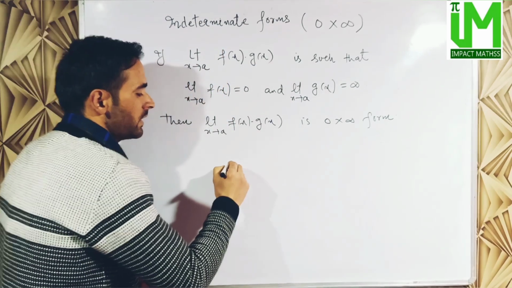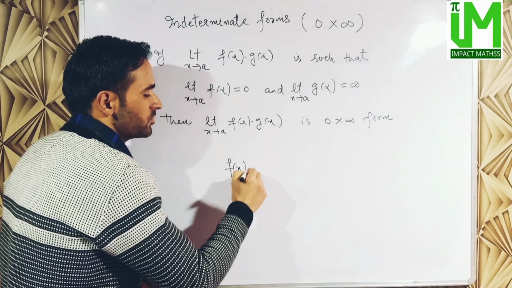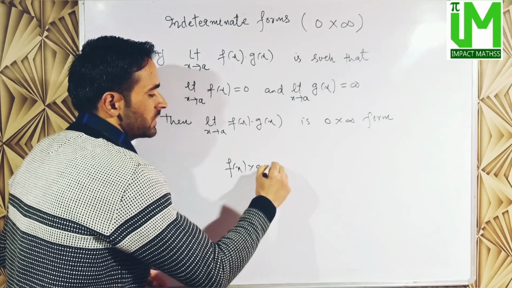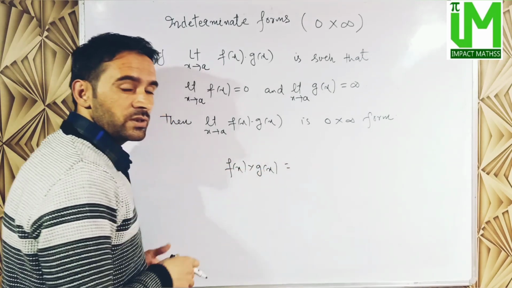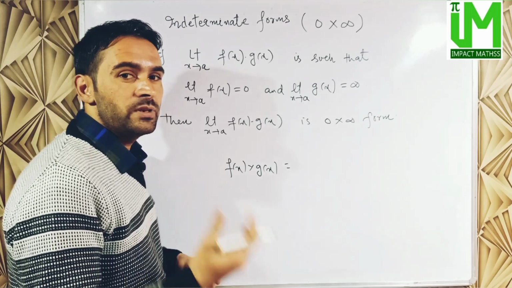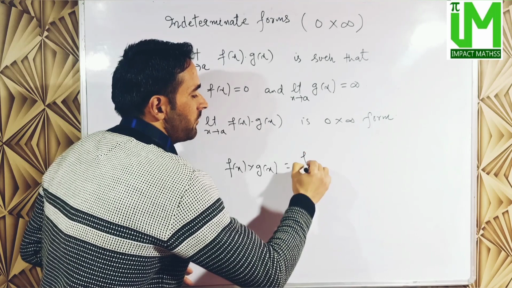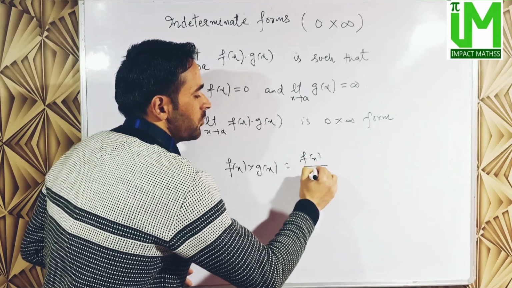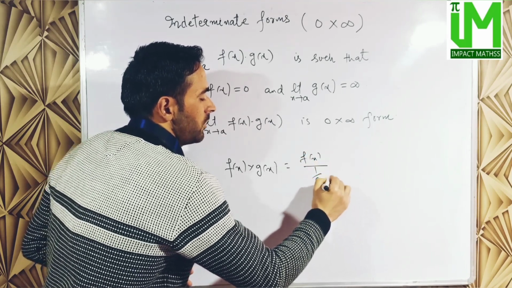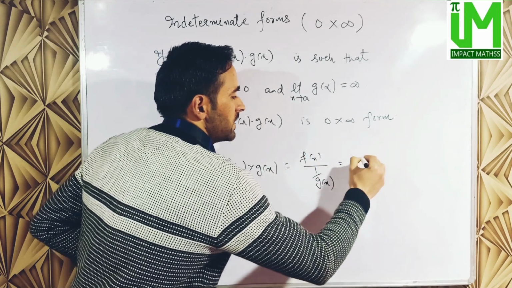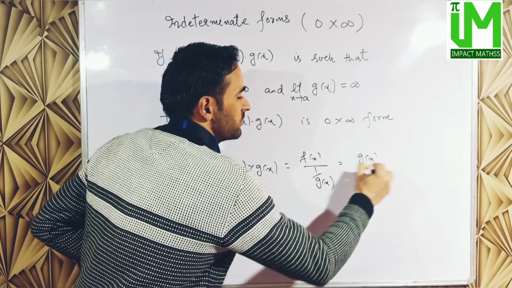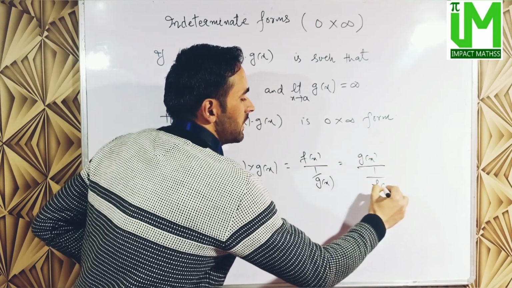So we can write f(x) into g(x) as f(x) divided by 1 over g(x), or at the same time we can write this as g(x) divided by 1 by f(x).